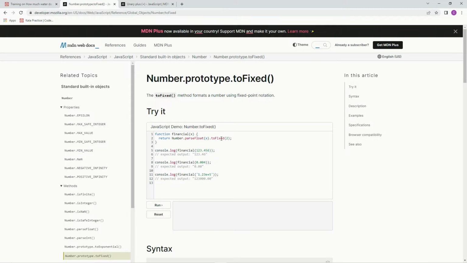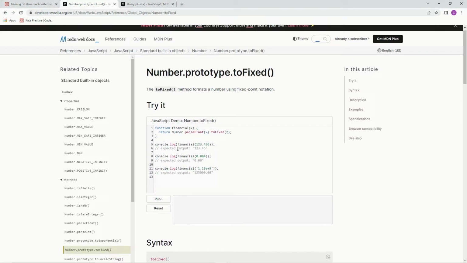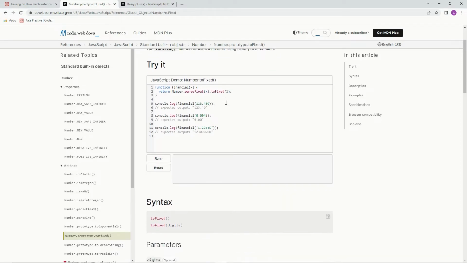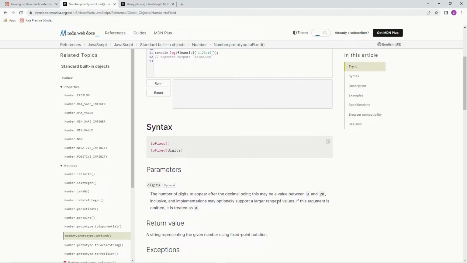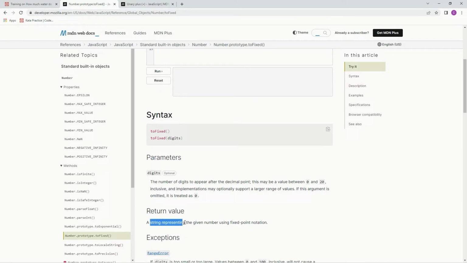So right here it says toFixed, so it's going to make it 2 behind the decimal and round it up or down depending. And here's the syntax: it's toFixed and then the digits that you want to get rounded to. But whenever it comes out, it's always a string. Okay, the return value is always a string.